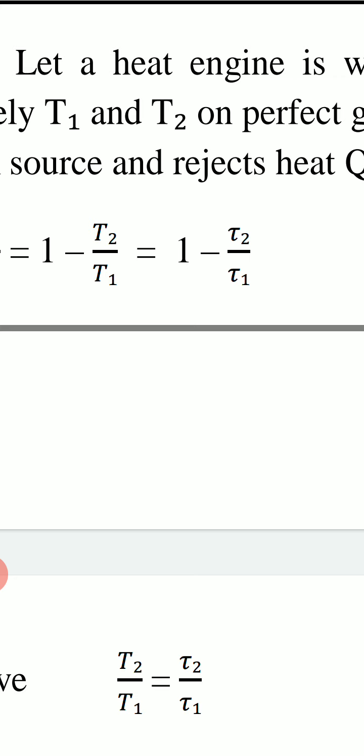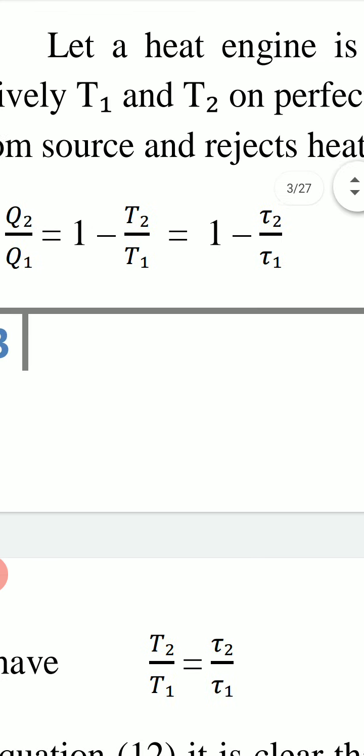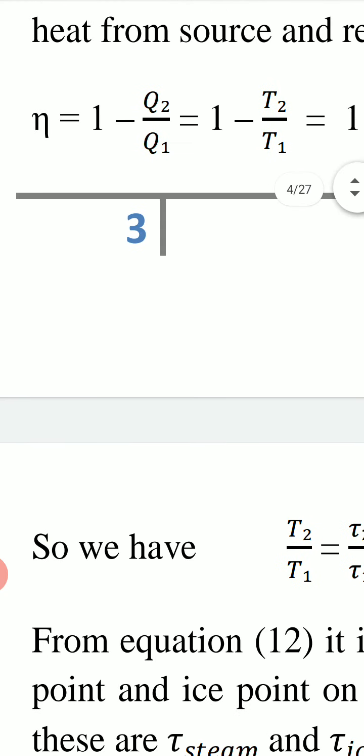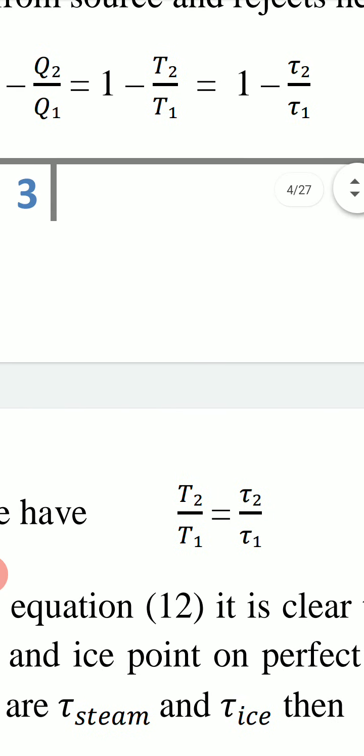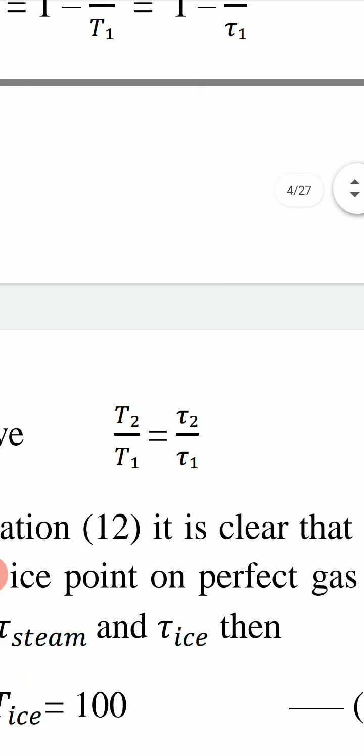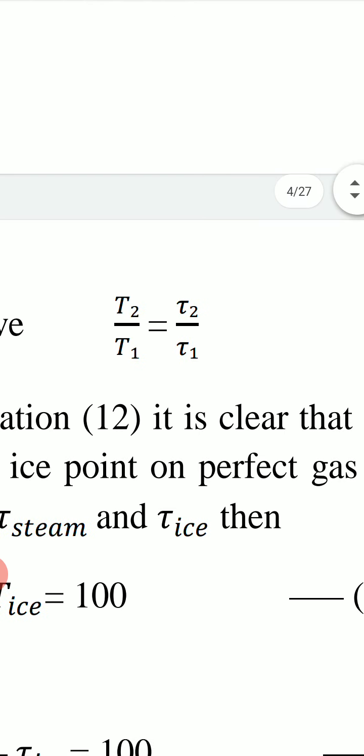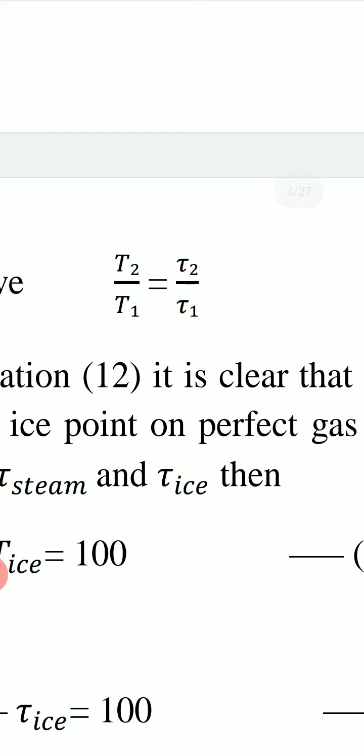So from this relation we find that the ratio of two temperatures T2 upon T1 is equal to tau 2 upon tau 1. So the ratio of two temperatures is the same in both the scales, one the perfect gas scale and the other Kelvin's absolute scale.